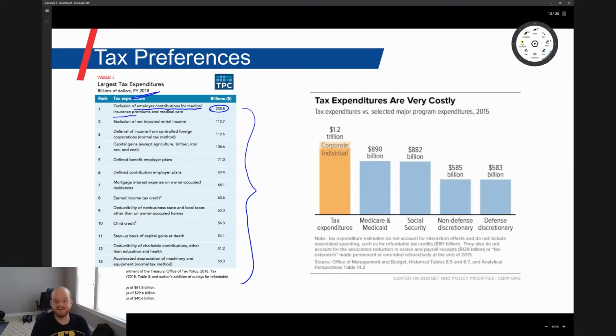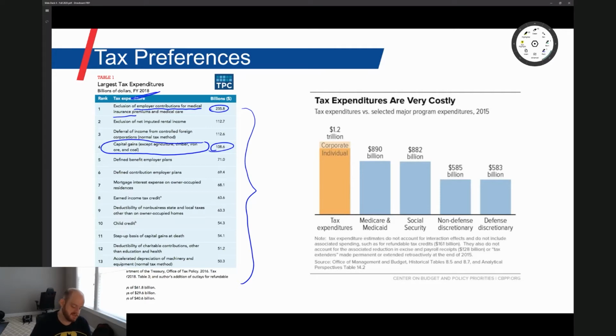So this is an activity that we want to encourage, right? So we want to encourage certain types of investing activities, right? We want to encourage people investing in capital assets. So there's a $108.6 billion tax preference for fiscal year 2018.